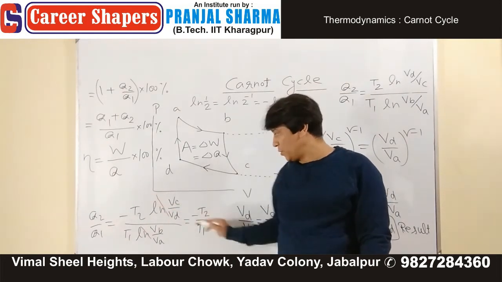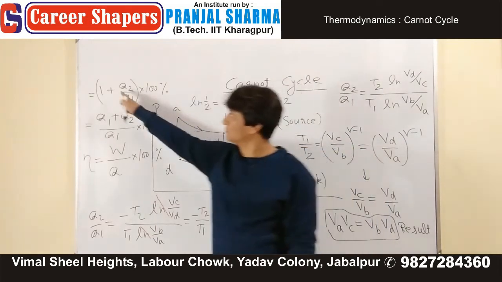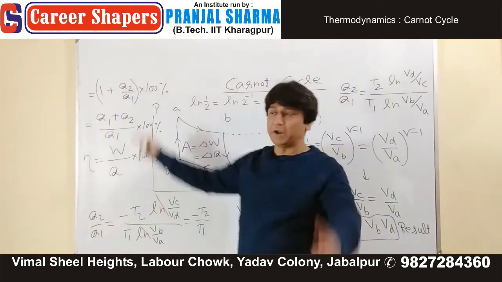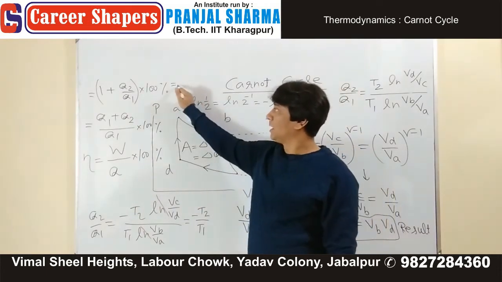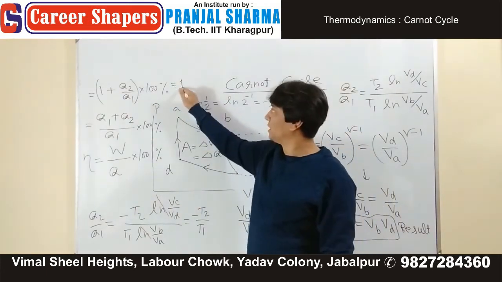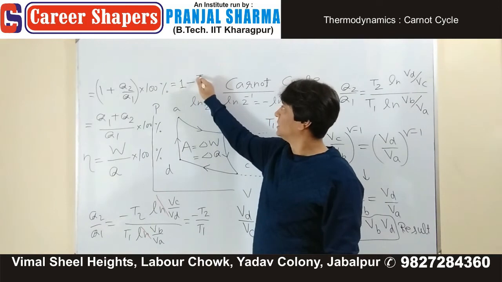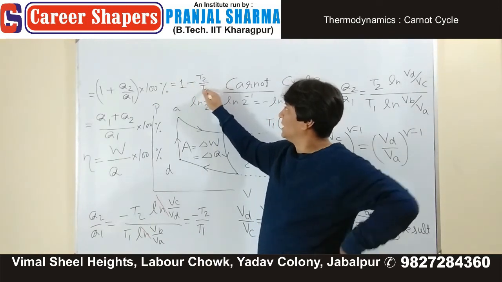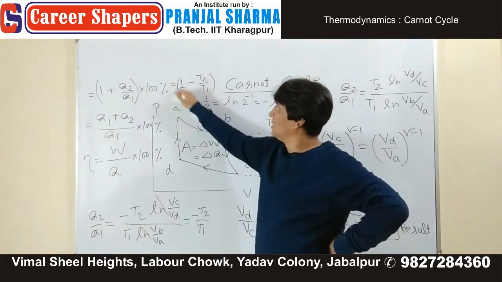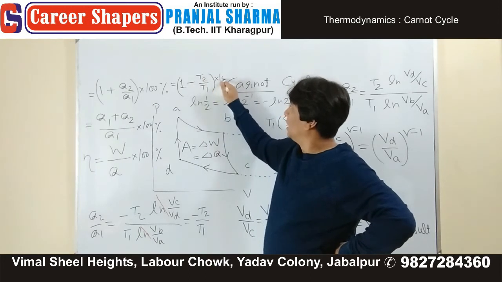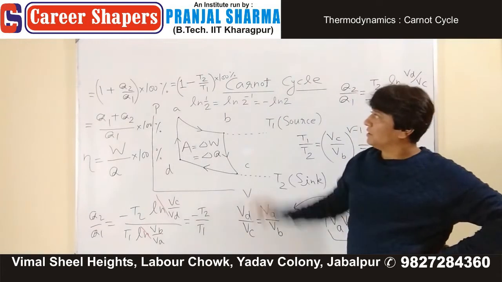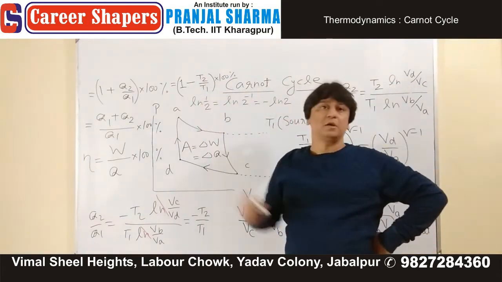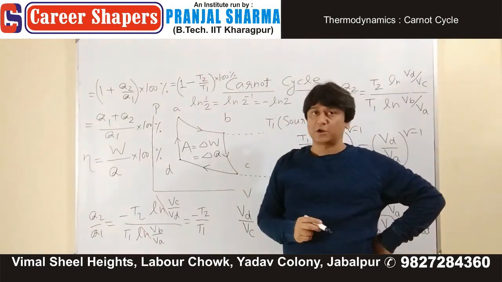This Q2 upon Q1 is ultimately minus of T2 upon T1, and your efficiency comes out as 1 minus T2 divided by T1, into 100 in terms of percentage. This is called the efficiency of a Carnot cycle.